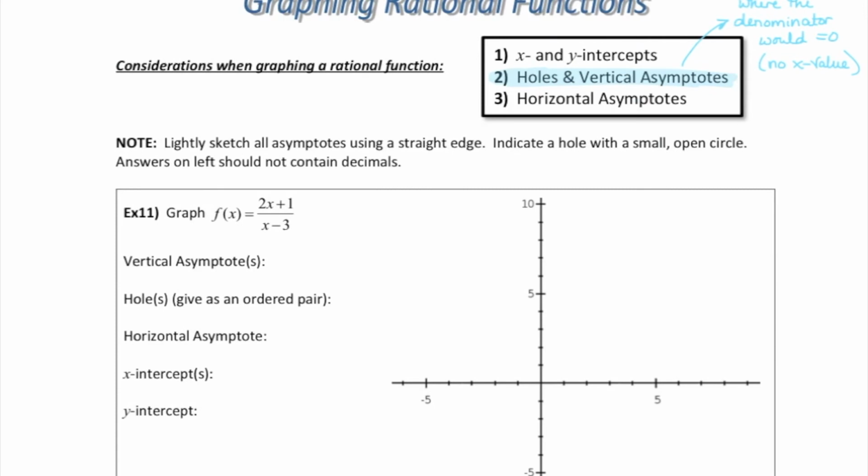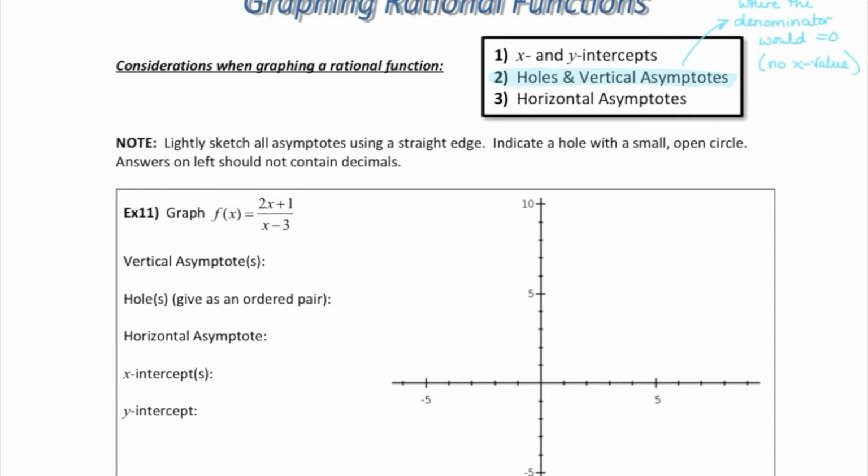We're going to graph each of these using either a light line or a dotted line to represent your asymptotes. You need to show the asymptotes, and you also need to indicate any holes with a small open circle. And if you don't draw the hole, yes, on a test I would take off credit for that.